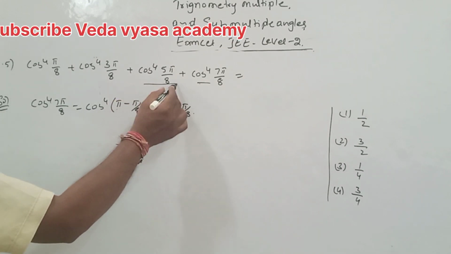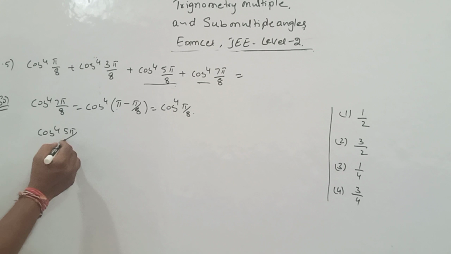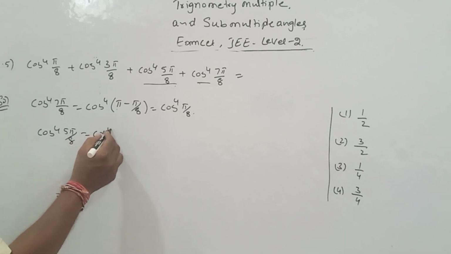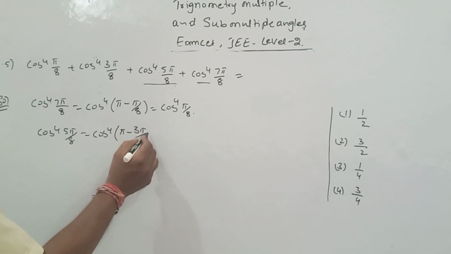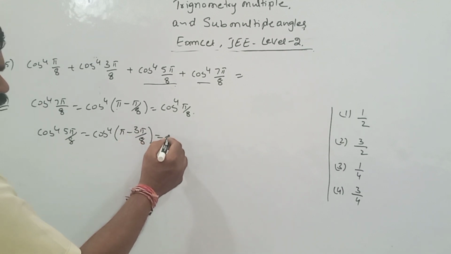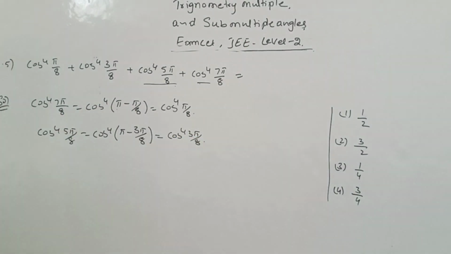And cos power 4 of 5 pi by 8 is cos power 4 of (pi minus 3 pi by 8), which is cos power 4 of 3 pi by 8.